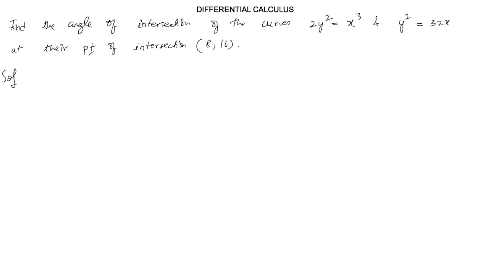Now the curve is 2y square is x cube, and when you differentiate with respect to x, we get 4y dy by dx is 3x squared. And then dy by dx is equal to 3x squared by 4y.